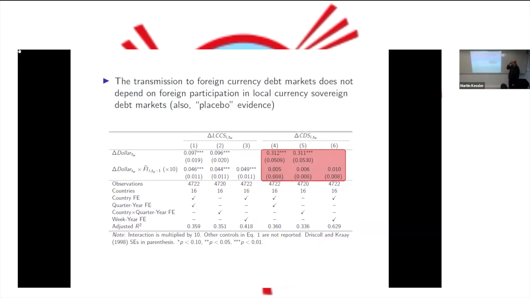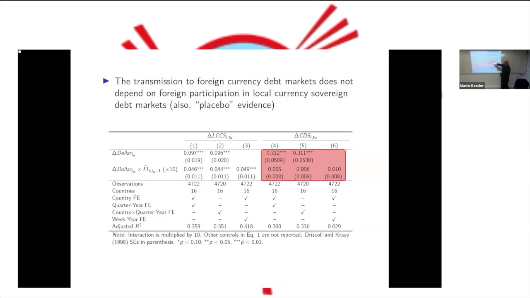Now, if I move on to the foreign currency spreads, proxied by the CDS, what you see is that whenever you have an appreciation of 1 standard deviation in the broad dollar index, we have an increase of 0.3 standard deviation in the CDS, which is roughly 3 times greater than what we see in the local currency spread at the average level of foreign participation.